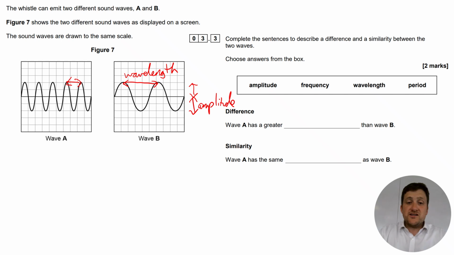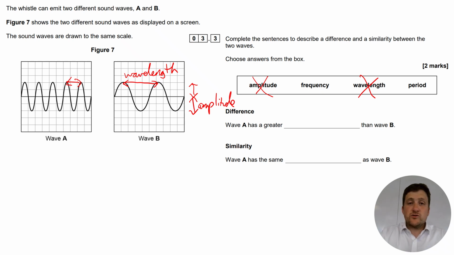So here we go. A difference. Wave A has a greater. Ooh, we didn't actually write this down. We didn't say wave. We wrote wavelength. Okay, but wave A doesn't have a greater wavelength, so we know it cannot be that one. Wave A doesn't have a greater amplitude, so we know it can't be that one.